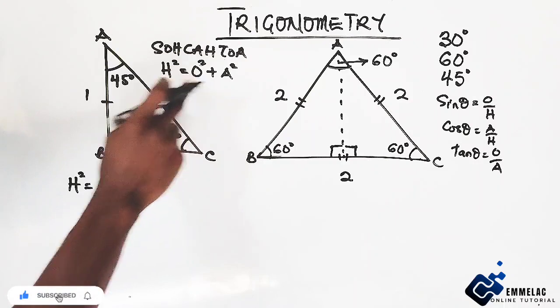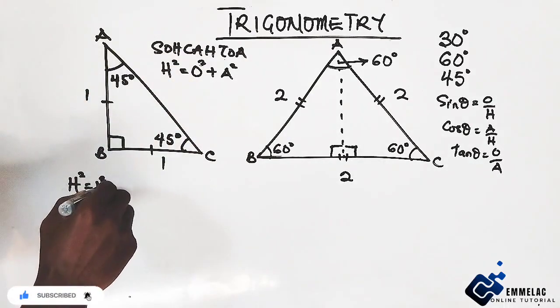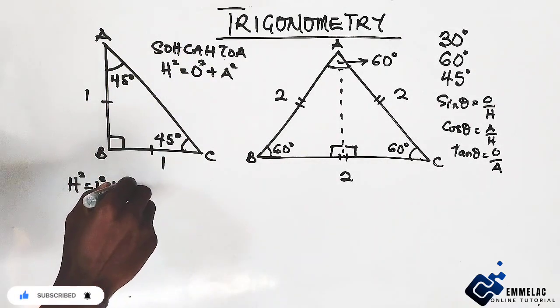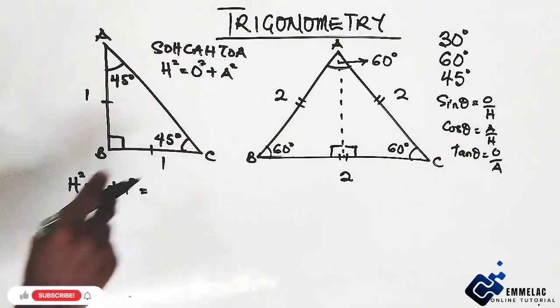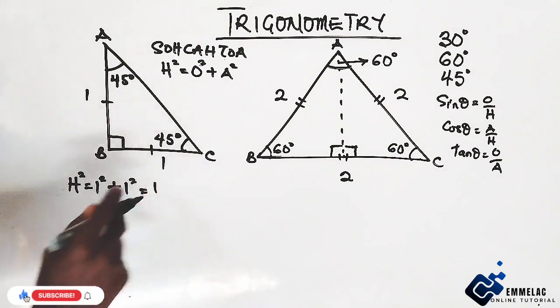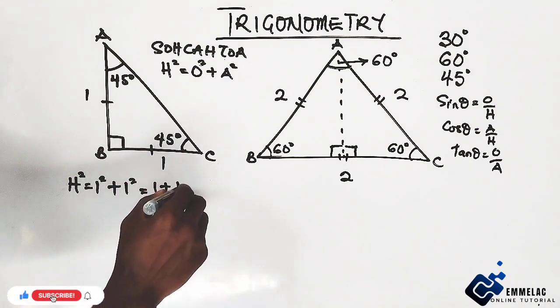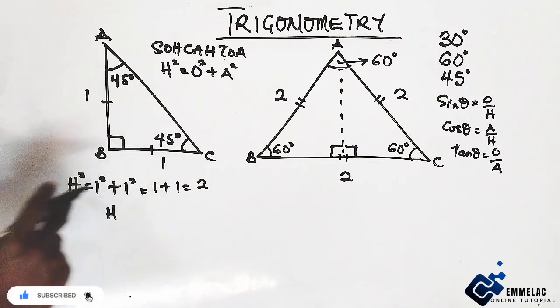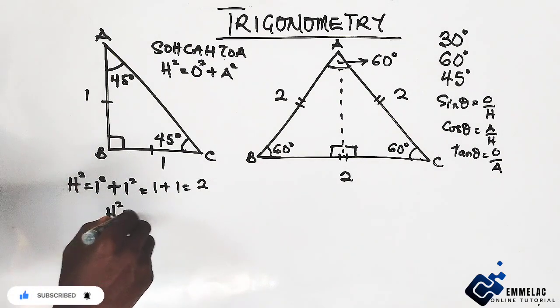The opposite here is 1, the adjacent here is 1, and this will give us 1 to the power 2 is 1, and 1 to the power 2 here is 1, which will give us 2.